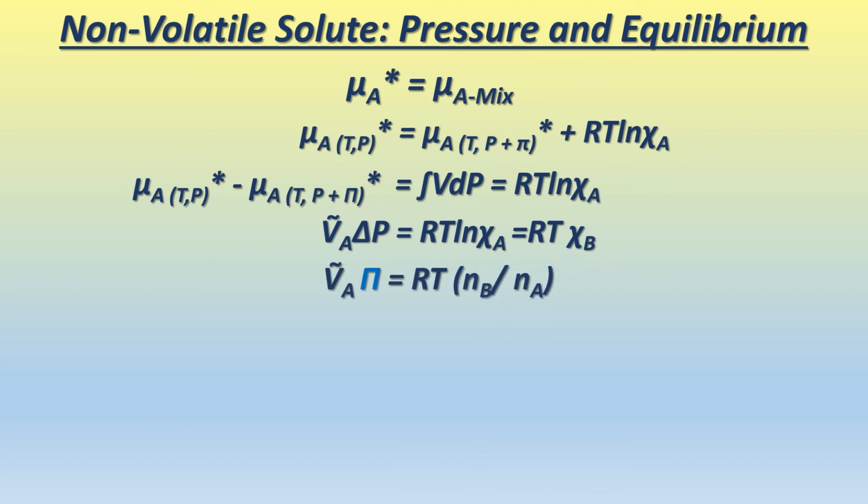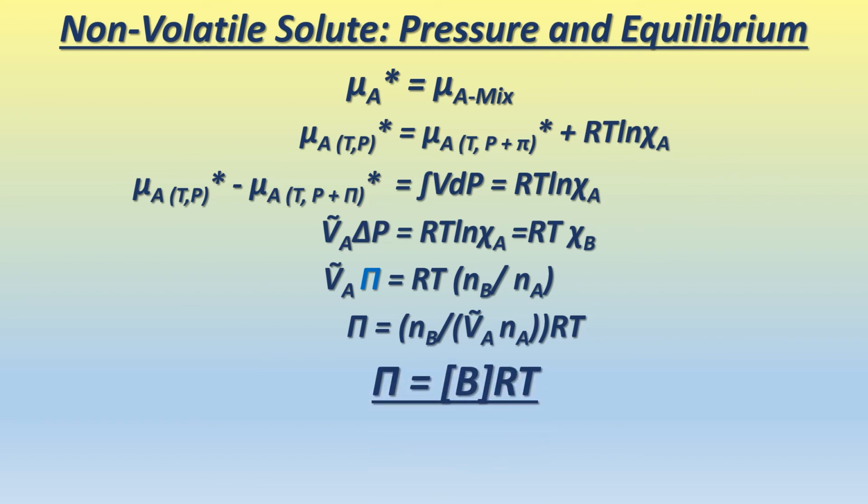The change in pressure is pi. I've gone from P plus pi to P. It is going to be equal to RT times the log times the moles of B over the moles of A. So pi is equal to the moles of B over the molar volume of A times the moles of A, times RT.